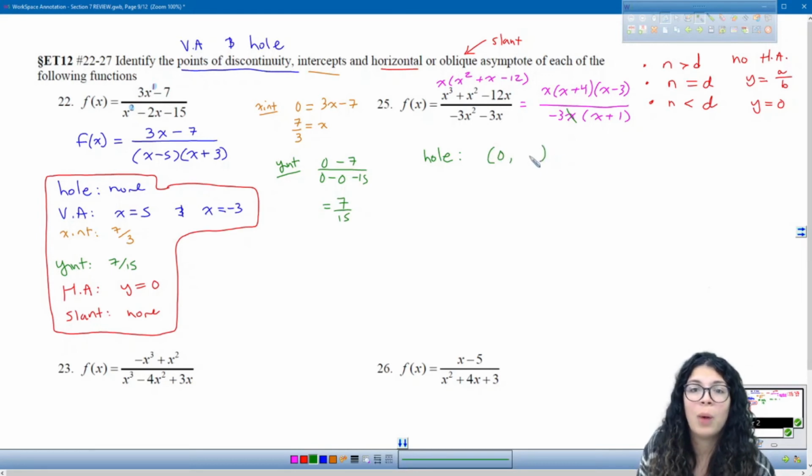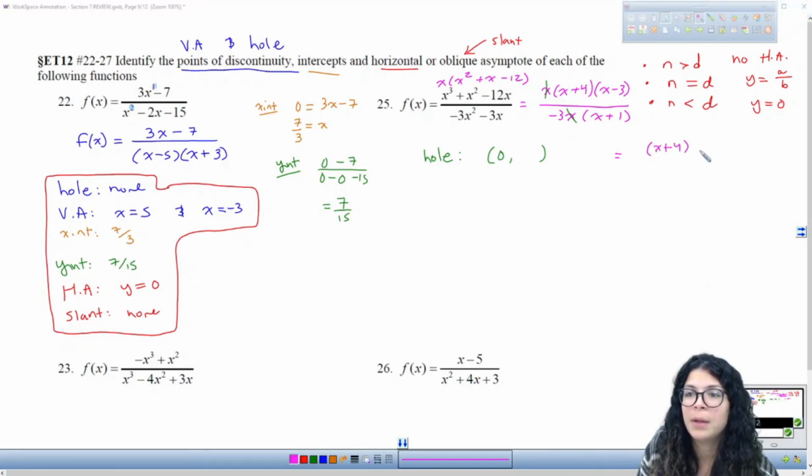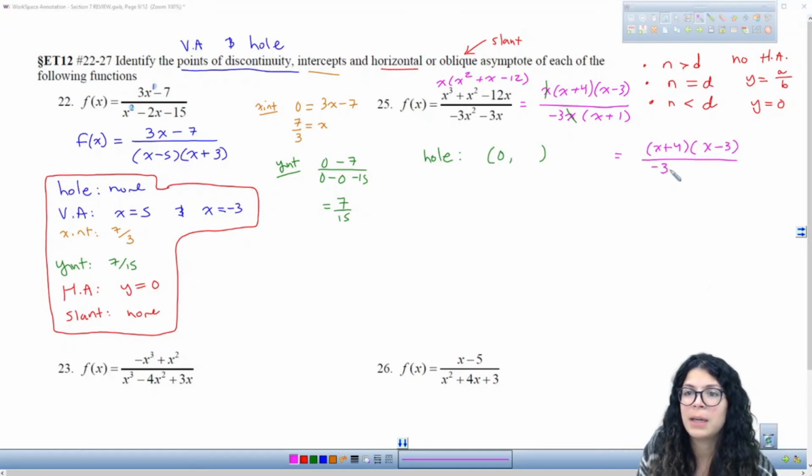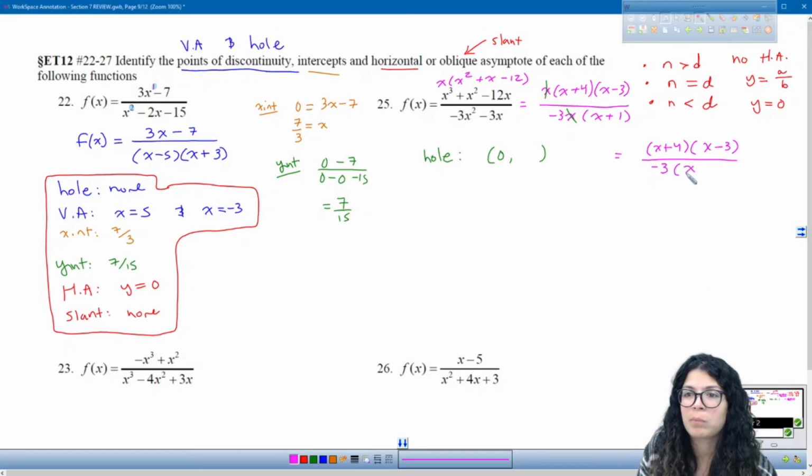Now remember, to find the y value of the hole, you're going to use the simplified form. After canceling out x, we would have x plus 4 on the top, times x minus 3. I'm going to leave it in factored form just because it's easier to plug in numbers later, over negative 3 times x plus 1.